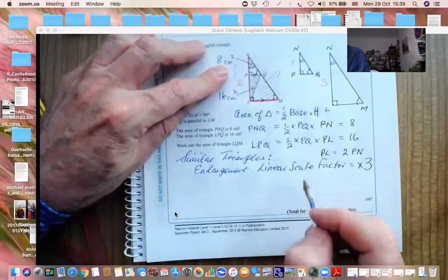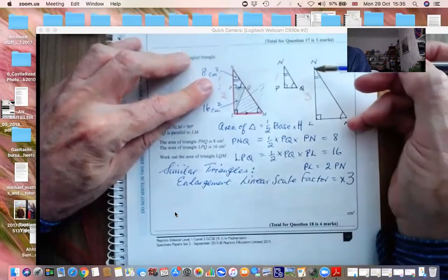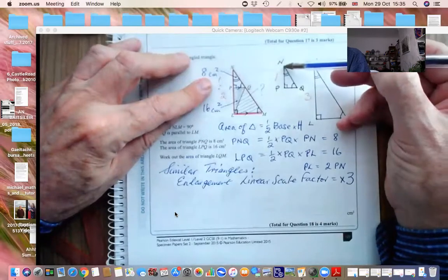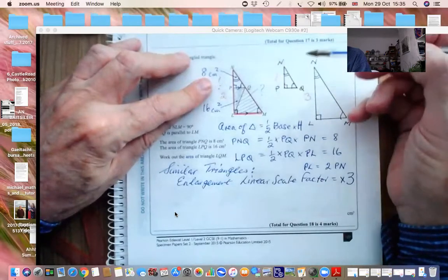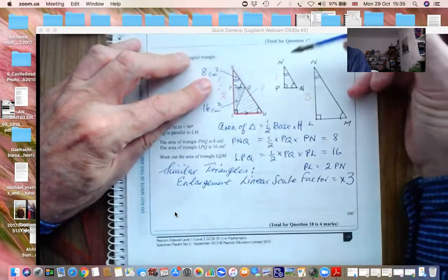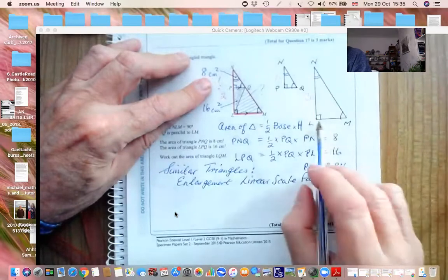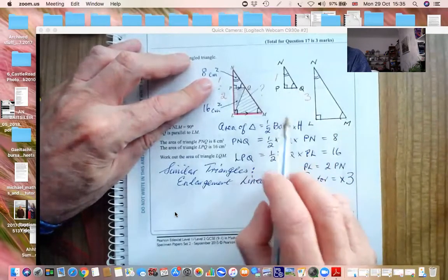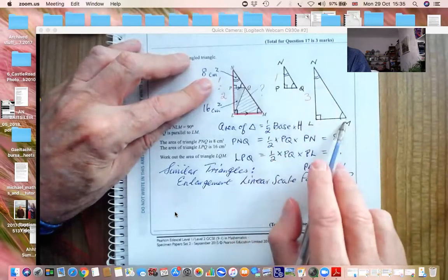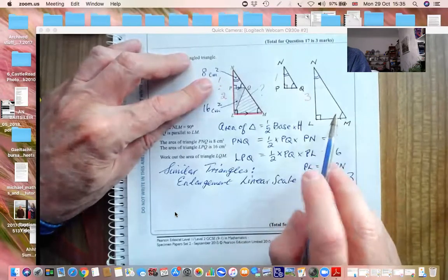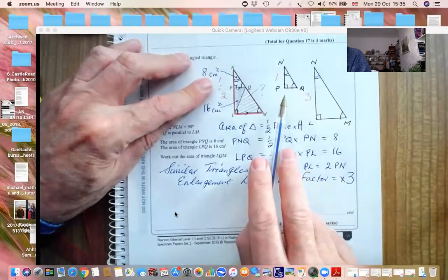So the sides in the bigger triangle, NL is 3 times the length of NP, N to M is 3 times the length of N to Q, and L to M is 3 times the length of PQ. So all the lengths in the big triangle, all the sides, all the linear bits are 3 times the lengths in the smaller triangle.